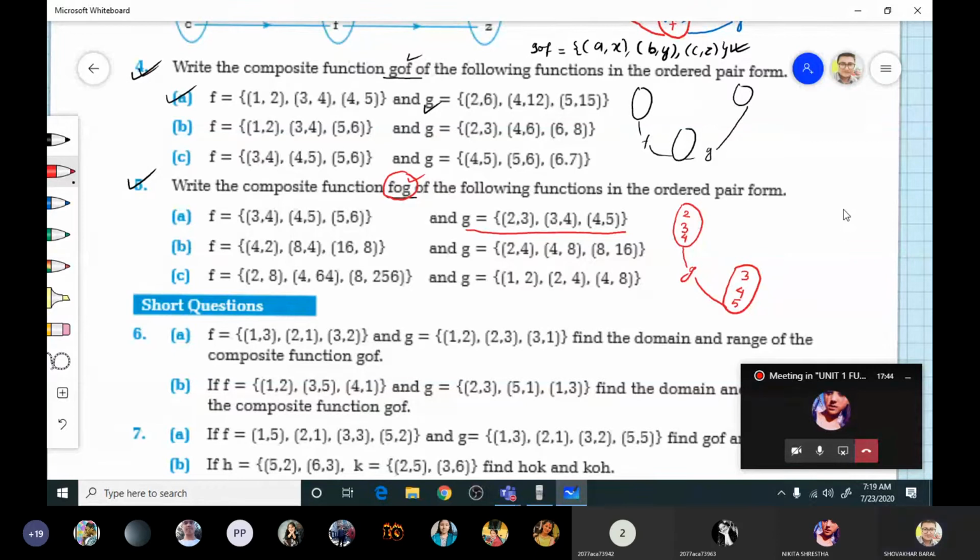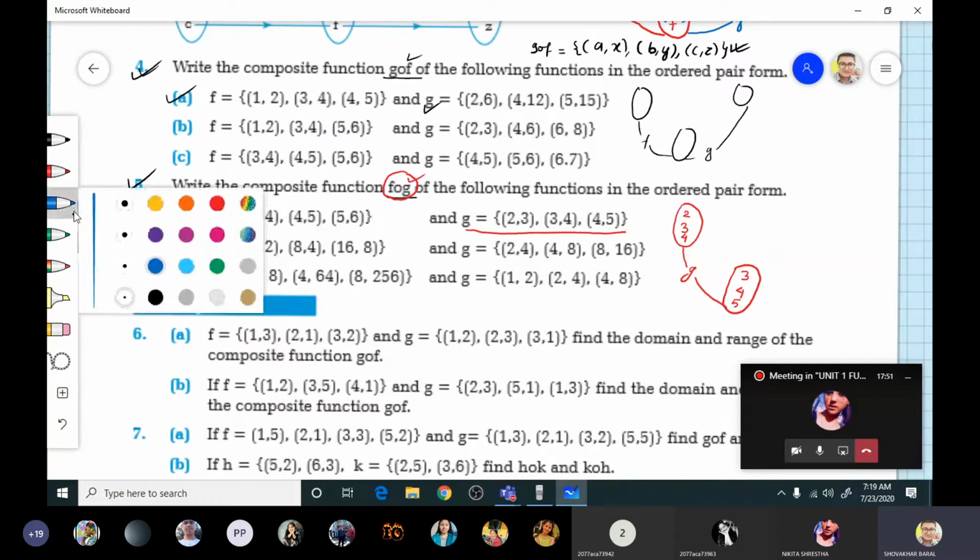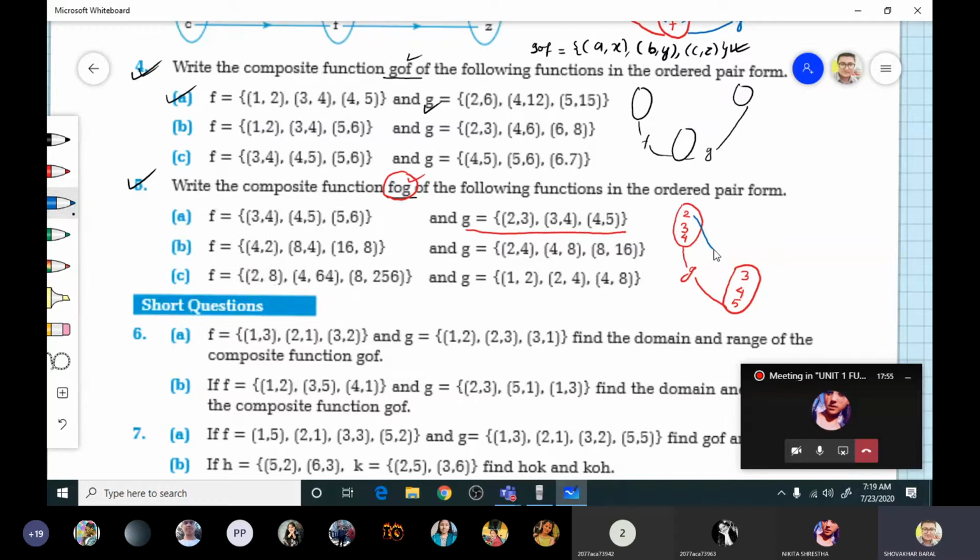Before moving to function f, let's put the arrows with the elements so that we will join these two elements. 2 is mapped with 3, 3 is mapped with 4, 4 is mapped with 5.